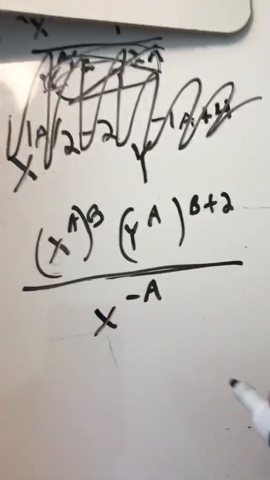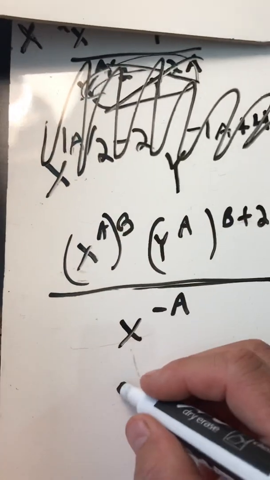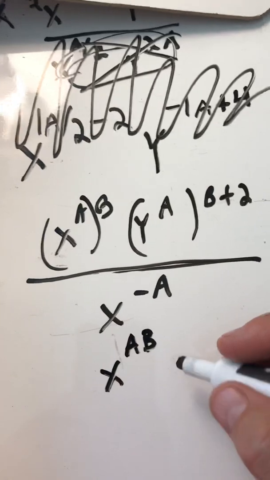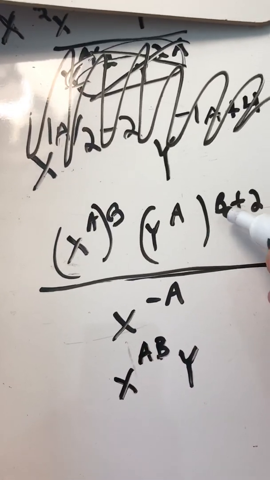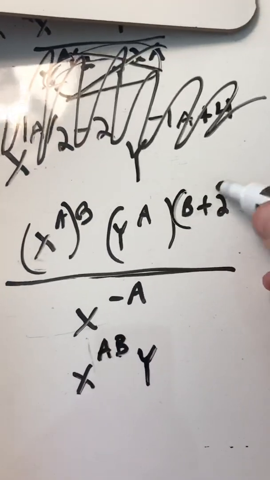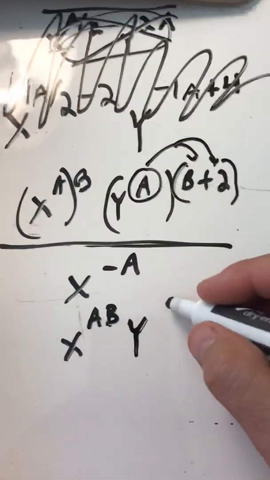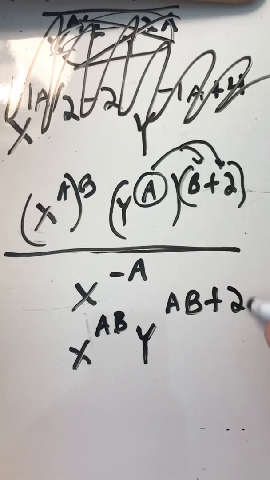This is the one we're concentrating on, the bottom of page 343. So this is x to the ab. Exponent to an exponent, you multiply. Y to the ab plus 2a. Because we're going to have to distribute, since it's an exponent to an exponent, this goes here and here.